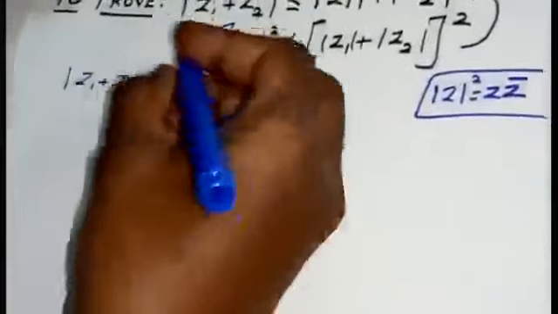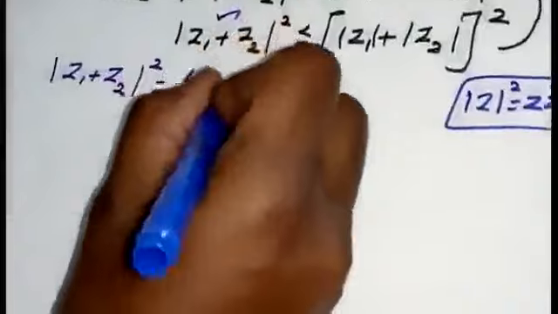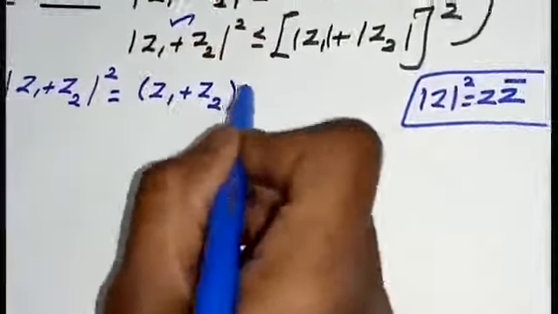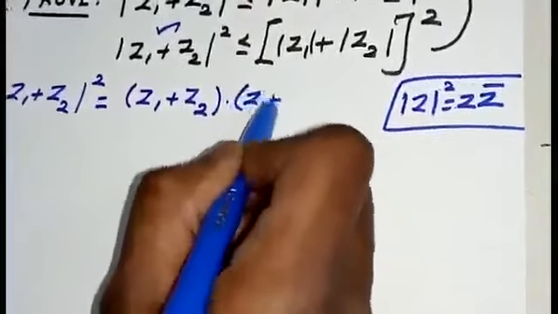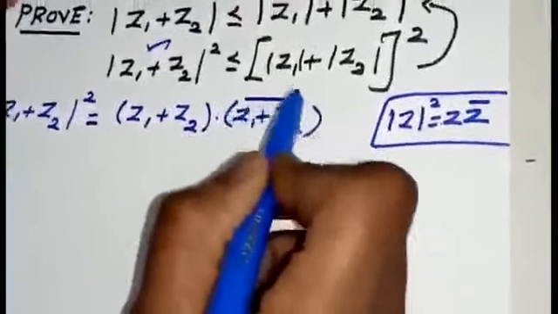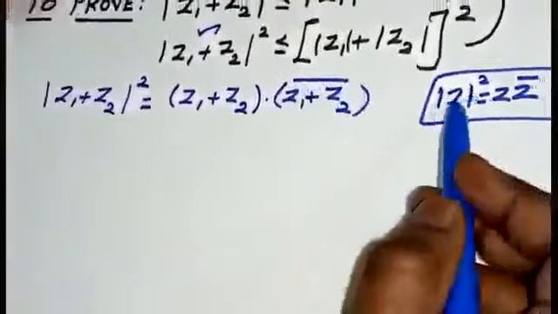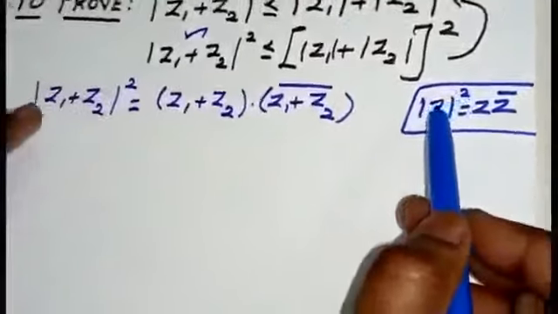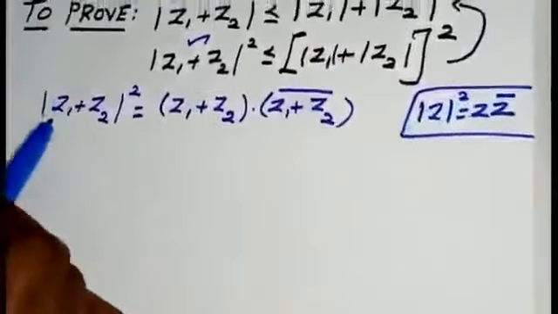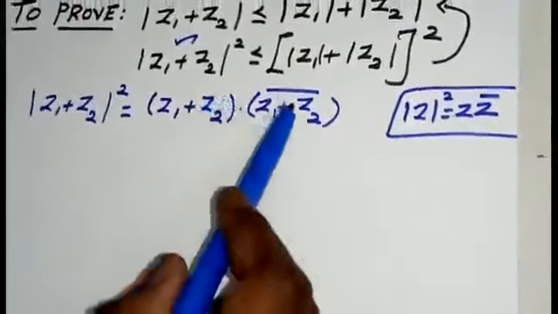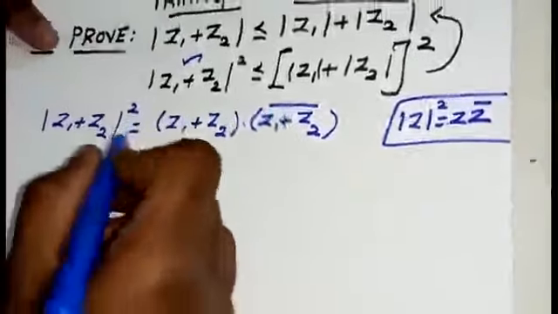So I am going to write z1 plus z2 into z1 plus z2 the whole bar. Please understand the concept. I am using the property modulus of z square, and in this place I am having modulus of z1 plus z2 the whole square, which can be written in this way.